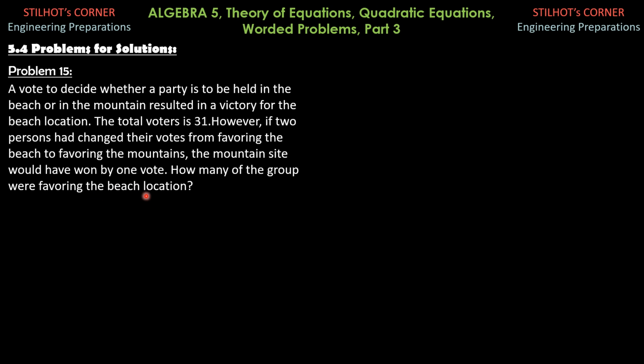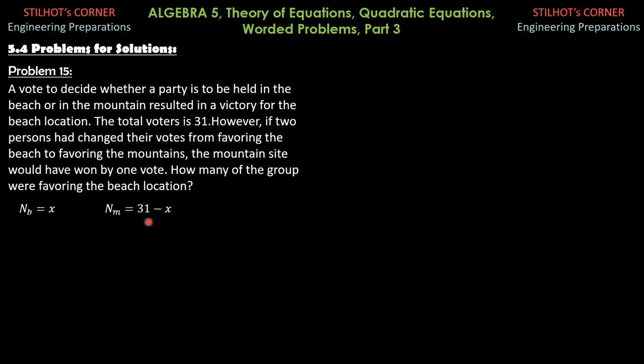So we will call the number of those who favor the beach location for their party n sub b, and we'll call that x. Likewise, the number of votes favoring the mountainside would be 31 minus x.